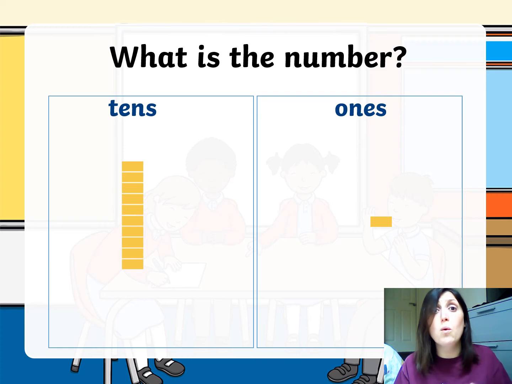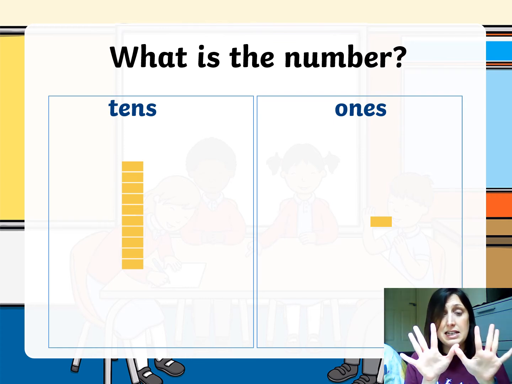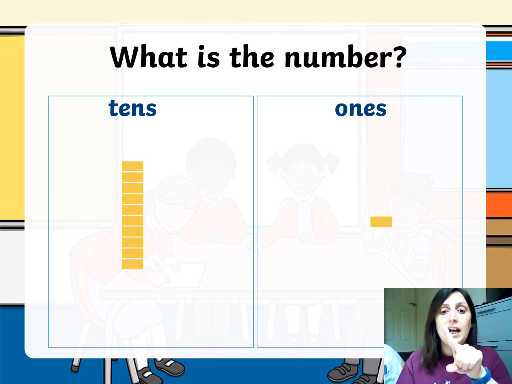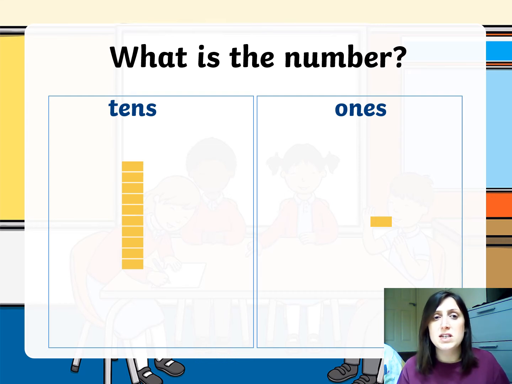That is just one 10 stick, and one 10 stick is just 10. So you've got 1 ten and a 1. What number have you got altogether? I'm going to wait here for 20 seconds while you work that out and write it down. You don't need to pause the video, I will just wait and count to 20 in my head.